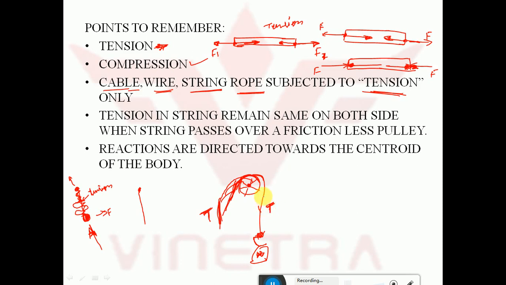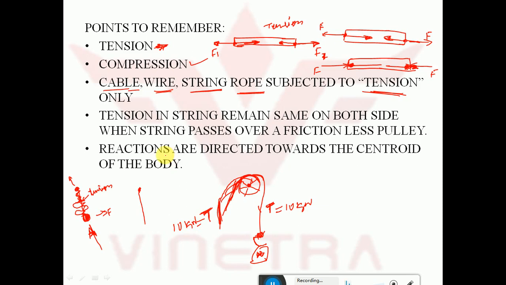Then the tension on the right side of the pulley will be the same as the tension on the left side of the string. If the tension on the right side is, for example, 10 kilonewtons, the same tension will be there on the left side of the pulley.